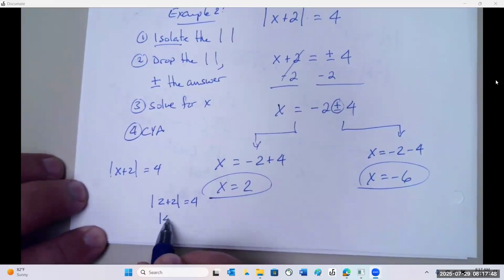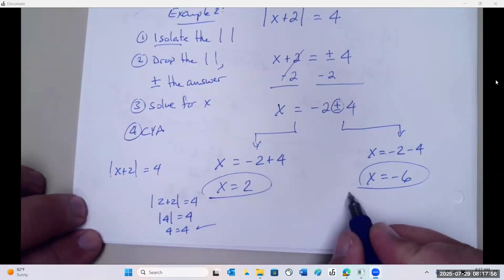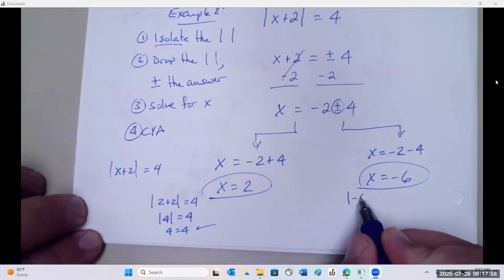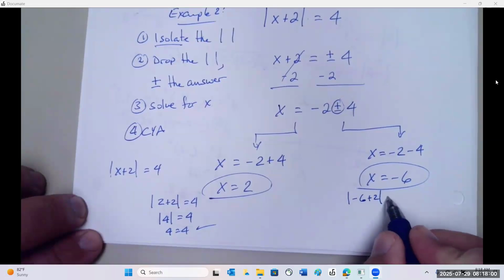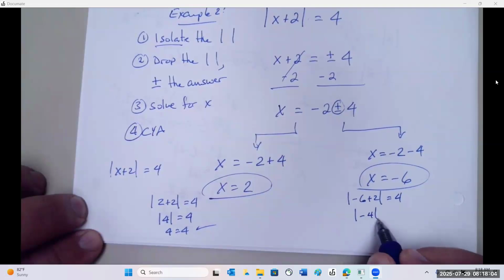So the absolute value of 4 is 4, and that equals. So that works. I do the same thing with -6. -6 plus 2 is -4. The absolute value of -4 is 4, so it works.